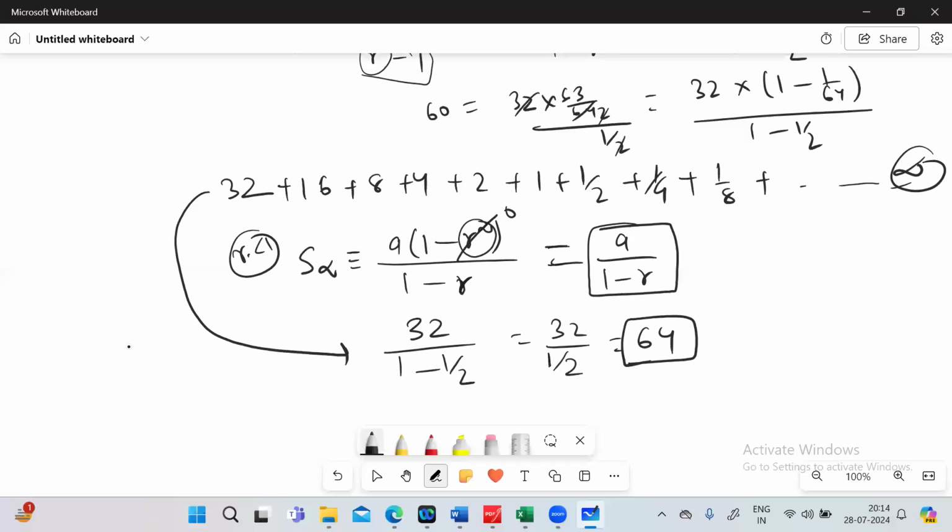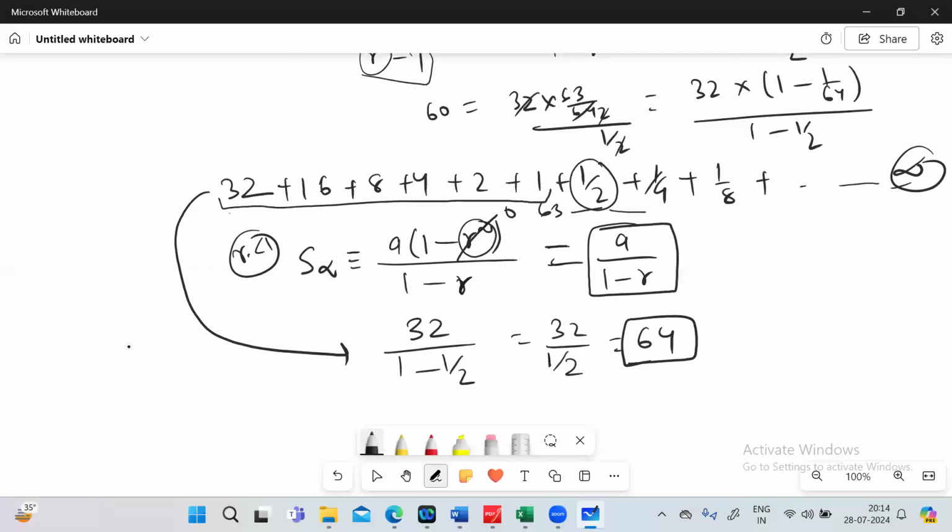Many times you'll get confused that every time a positive number is being added, so how come the summation is not infinity? But if we added all these to get 63, then I have 63 and a half.